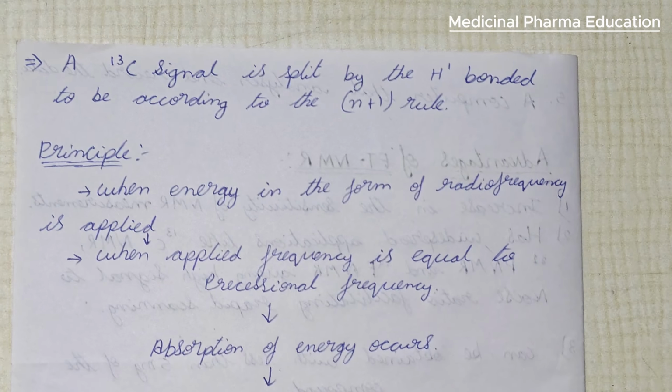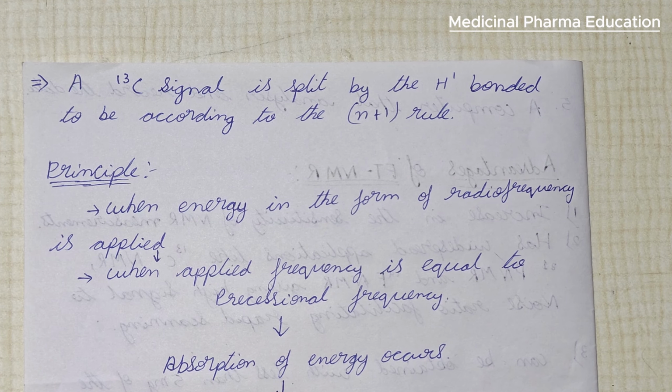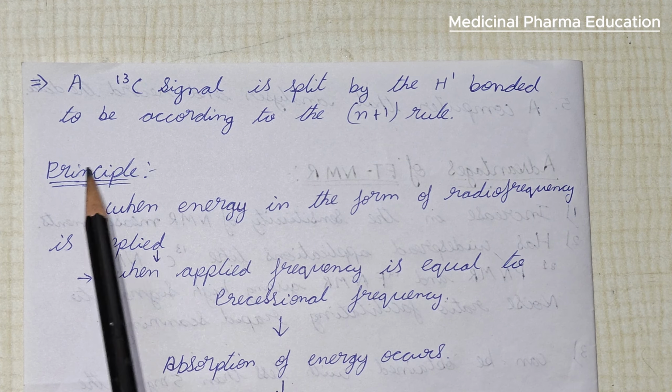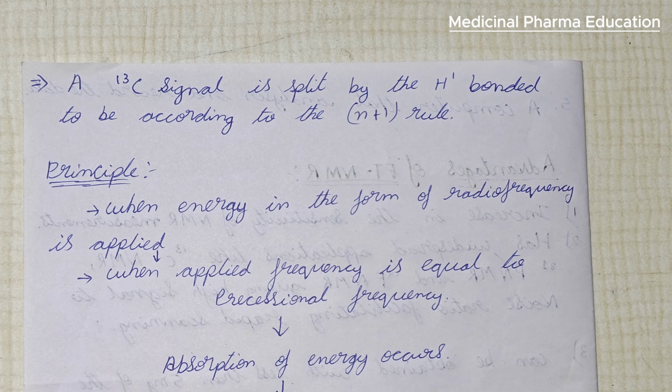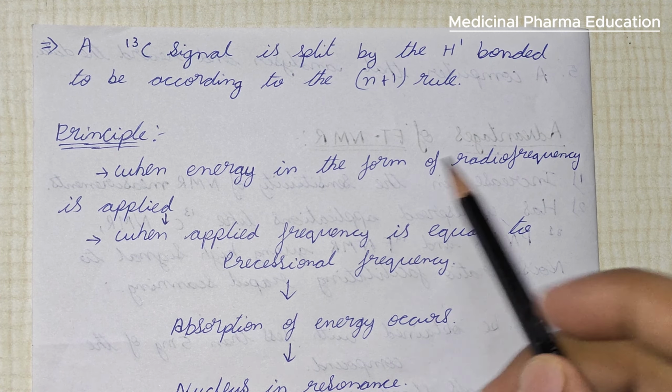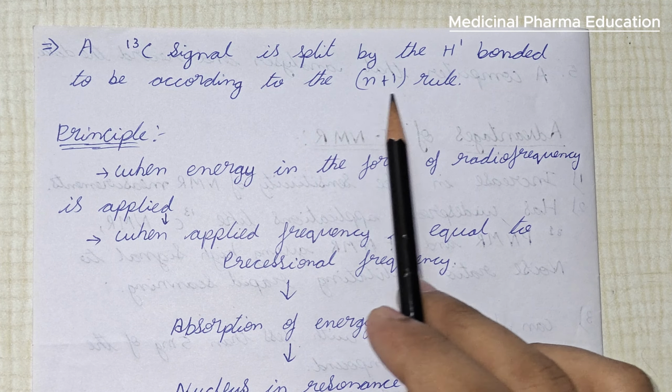A 13C signal is split by the H1 bonded to it according to the N+1 rule. See here, the 13C signal is split by hydrogen according to the N+1 rule.